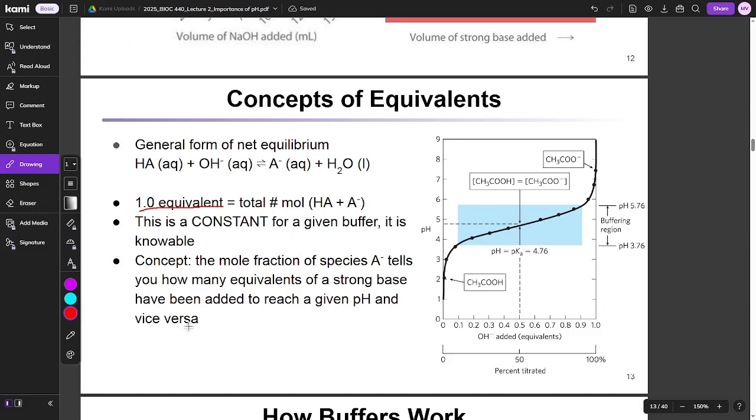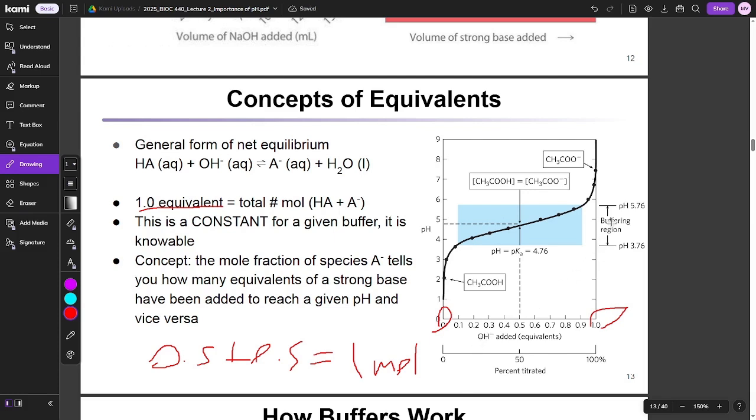If I add 1 mole of sodium hydroxide, having started with 1 mole of just the acid, I would go all the way from this point here to this point here.